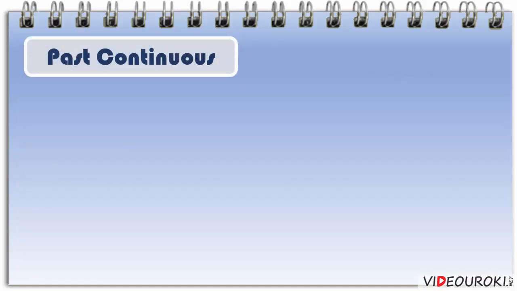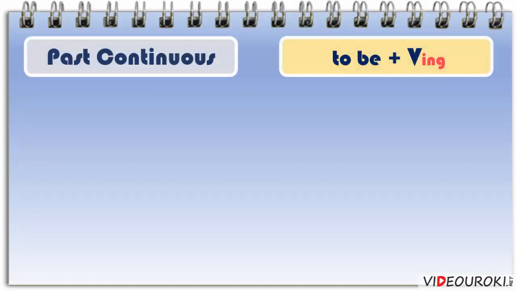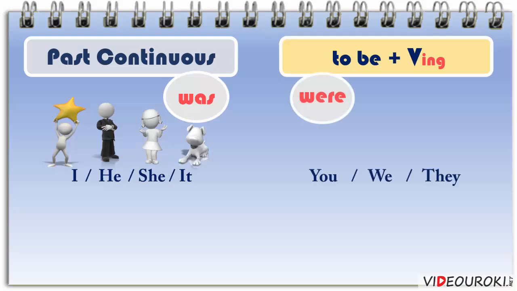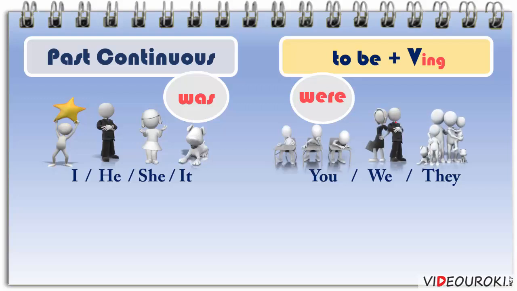We form the past continuous with the verb to be and the main verb with the ing suffix. To be looks like was if we talk about one person: I, he, she, it. And it looks like were when we talk about you, we, they.